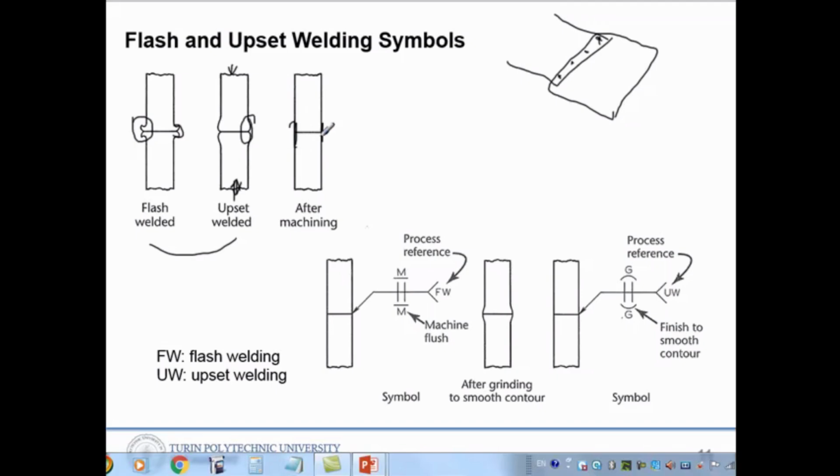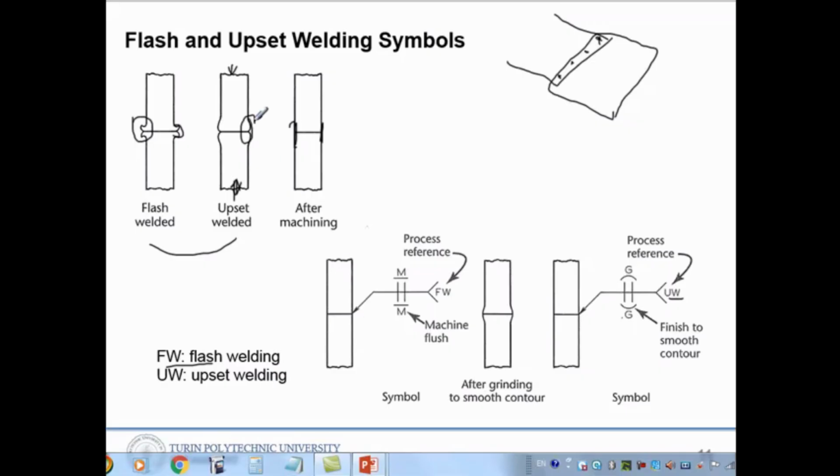For flash welding we write FW, and upset welding can be represented as UW. Here FW means the process, flash welding.